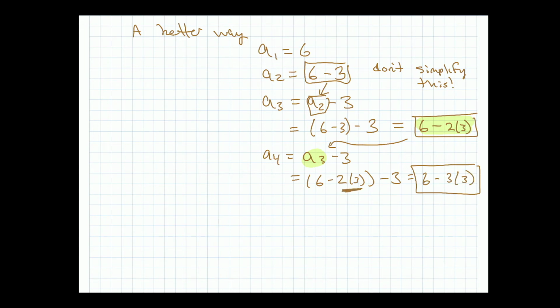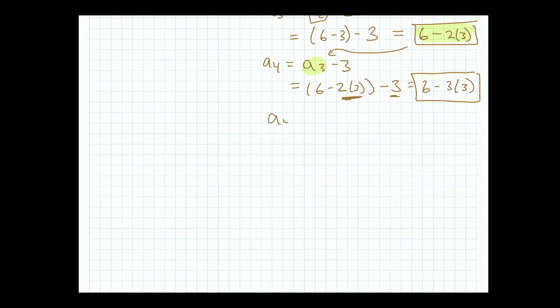Because you have 2 times 3 and then another 3. And then A5 is A4 minus 3. Of course, this is A4, so you put that in there. You're going to have 6 minus 3 times 3 minus 3, which is 6 minus 4 times 3.